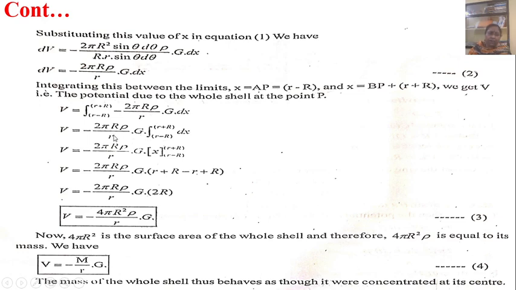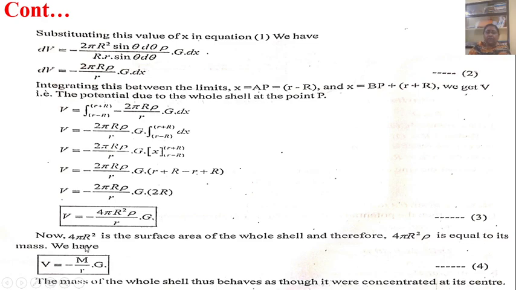So V equals minus 2 pi R rho upon r into g, times the integral of dx from r minus R to r plus R. After taking limits, V equals minus 2 pi R rho upon r into g, times r plus R minus r plus R, so we get V equal to minus 2 pi R rho upon r into g into 2R, and so V equals minus 4 pi R square rho upon r into g.